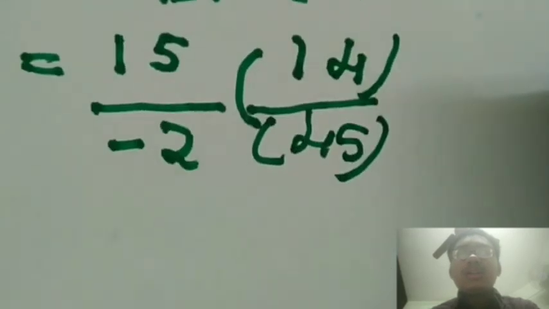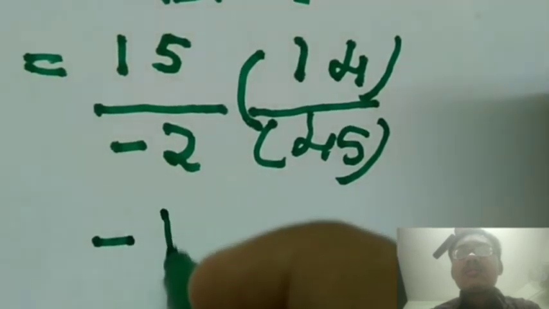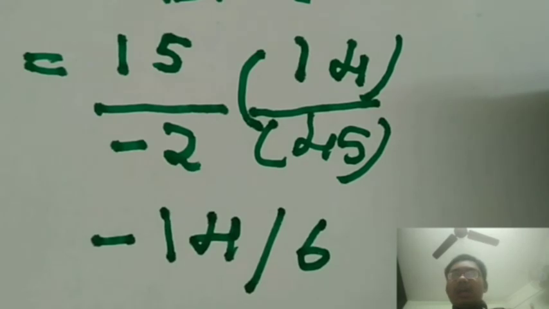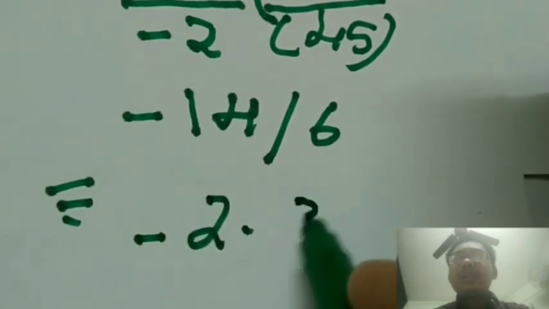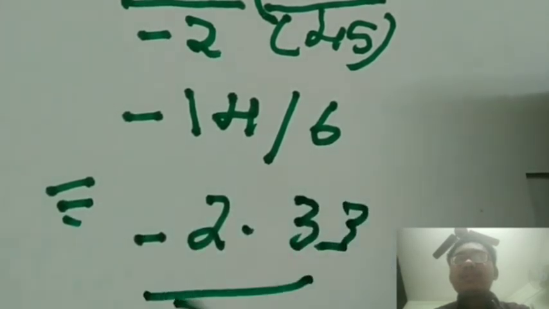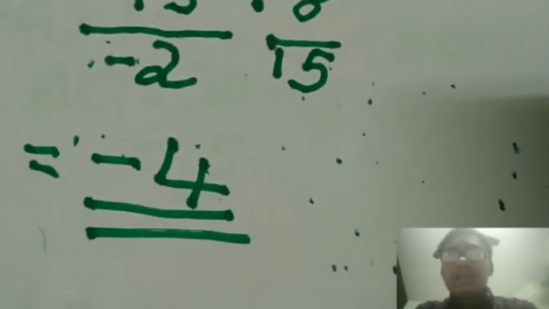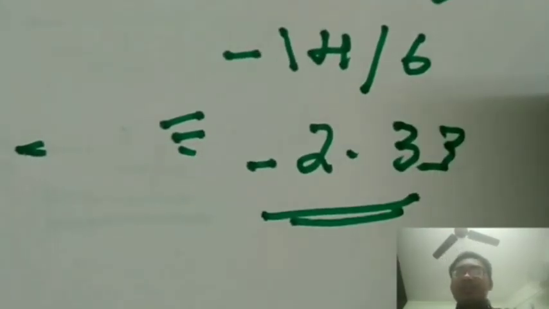This is equal to minus 14 by 6, which is equal to minus 2.33. We got price elasticity as minus 4 and arc elasticity as minus 2.33. There will be a small difference between the two.